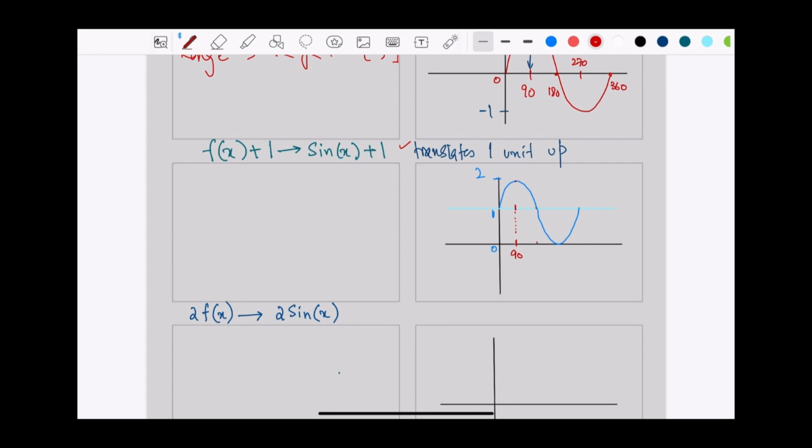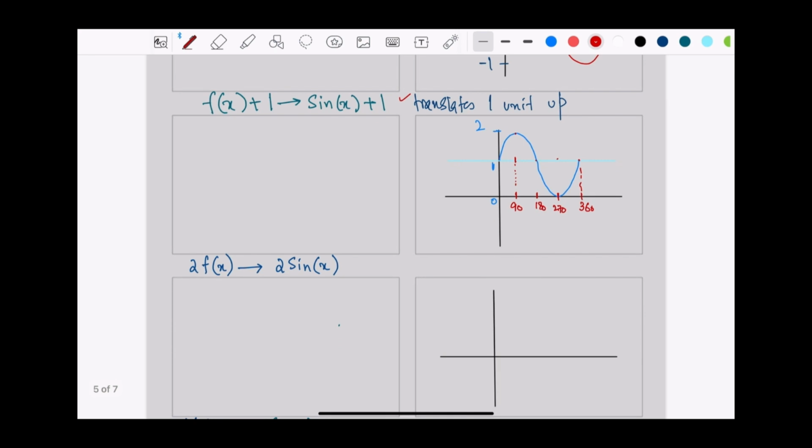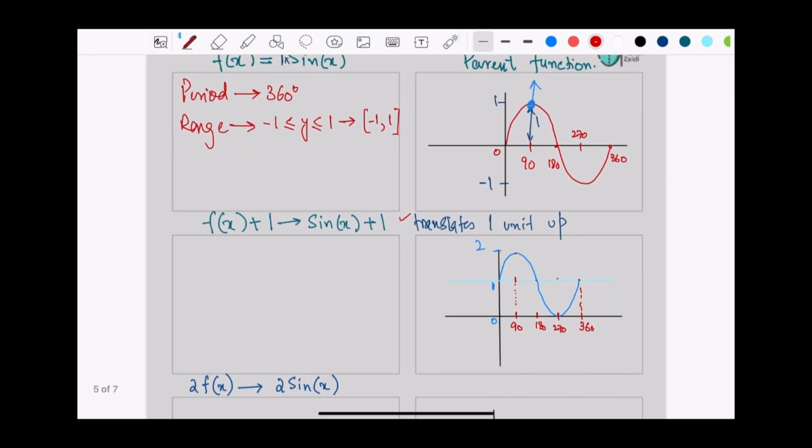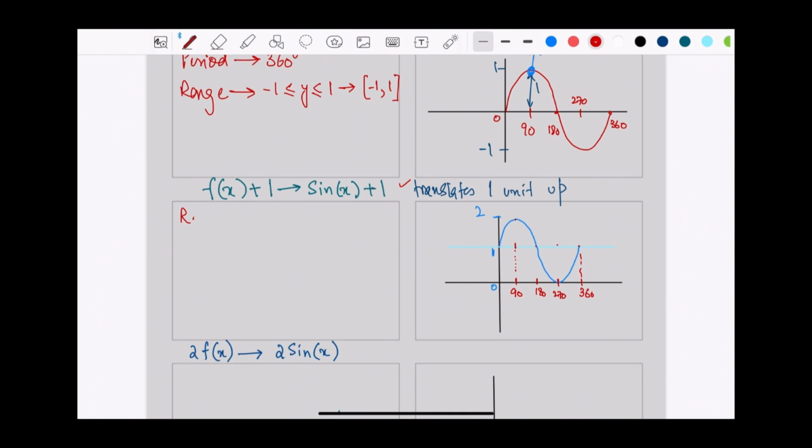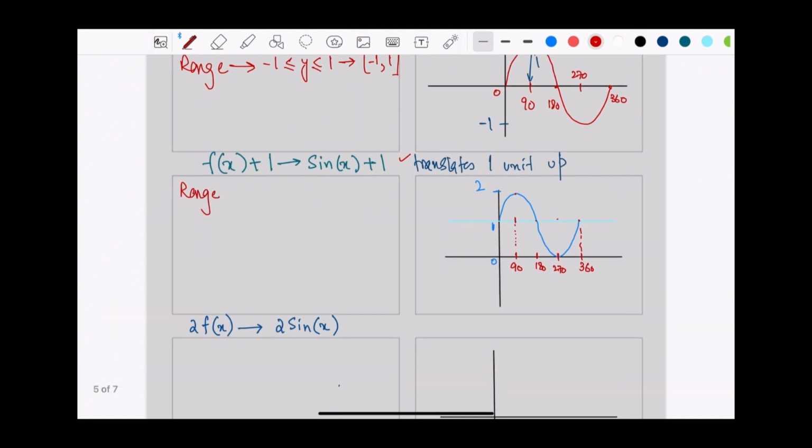This here is 180, this here is 270, and this here go down and make it 360. The period remains the same, the domain is there, but the range of this function is now 0 is less than or equal to y, or sine x plus 1, is less than or equal to 2.